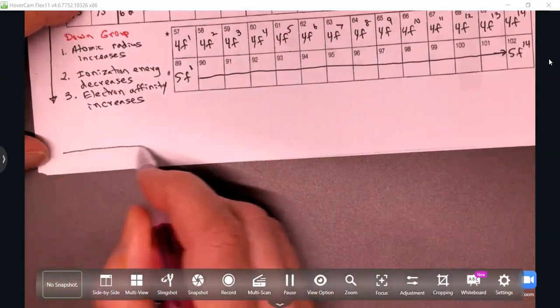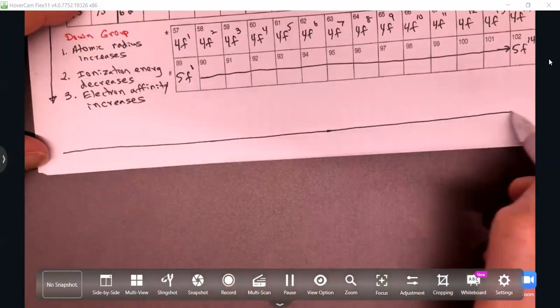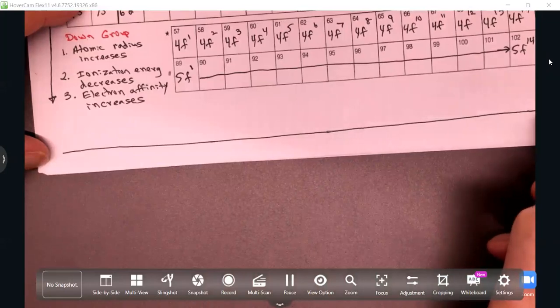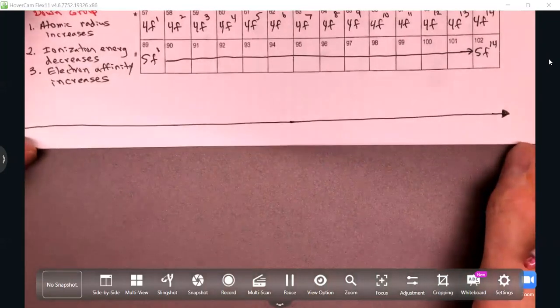Then let's draw an arrow across this way. We'll put it down here, from left to right.